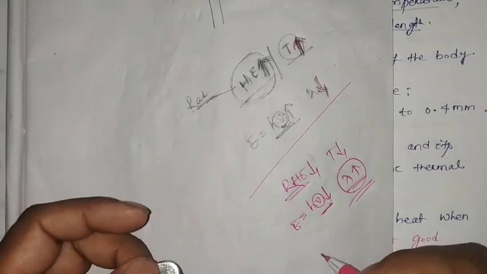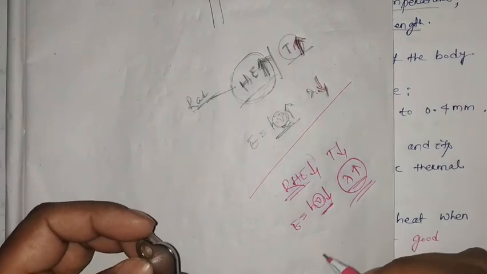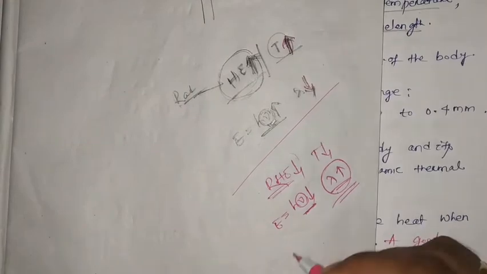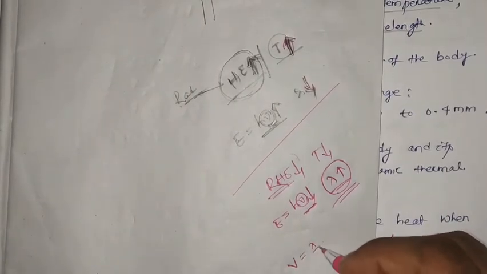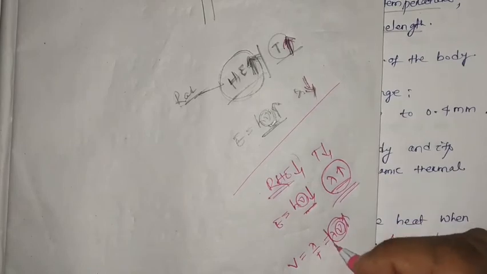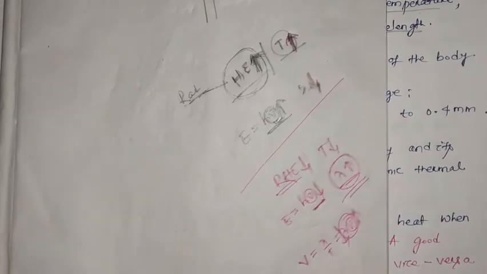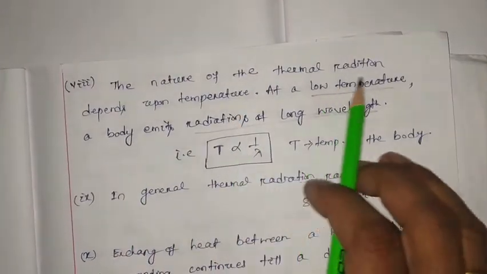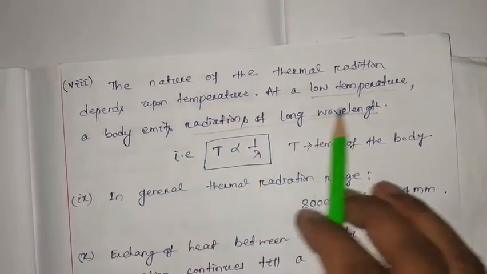We know that v equals lambda into f. So if frequency increases, the corresponding wavelength decreases. So the nature of the thermal radiation depends upon the temperature. At low temperature, a body emits radiation.